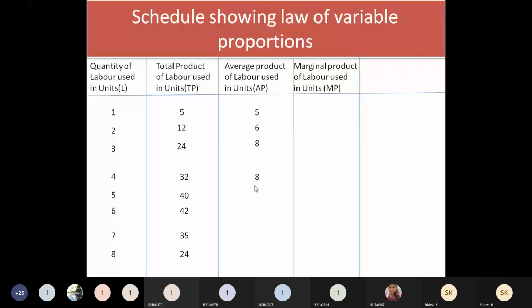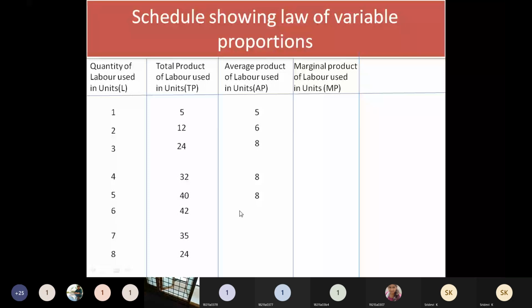Even with 3 members, 8 output; even with 4 members, 8 output. But of course, we are not having negative production. There is no decrease in the production. So if you add the fifth one, it also gives you an average of 8 production. So this is also not going to give you loss. So if you want to increase production more and more, you can use up to five workers.